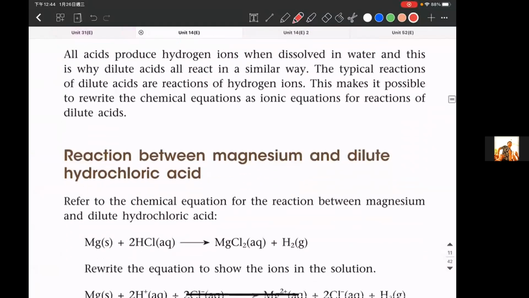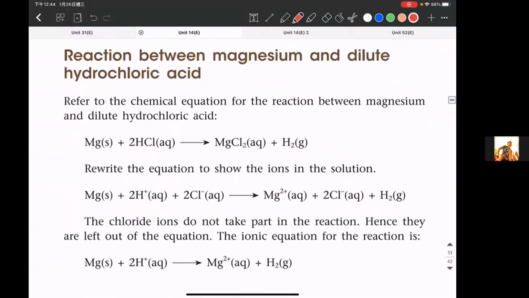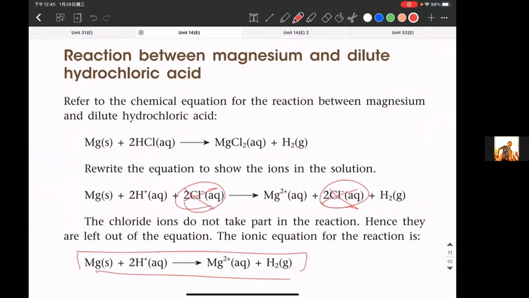Now, for example, just like last time when you did displacement reaction, you talk about the ionic equation. It simply is done by kicking out the spectator ion. In this case, if you have Mg and HCl reacting to form magnesium chloride and hydrogen gas, the chloride ion is a spectator ion. So this is the ionic equation.